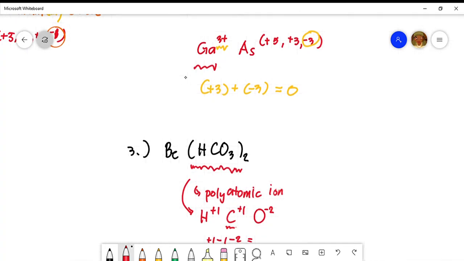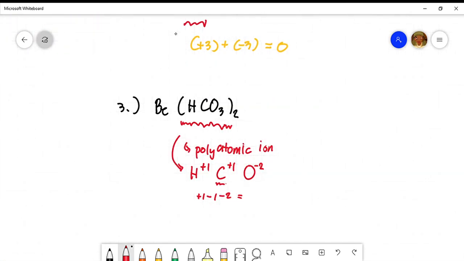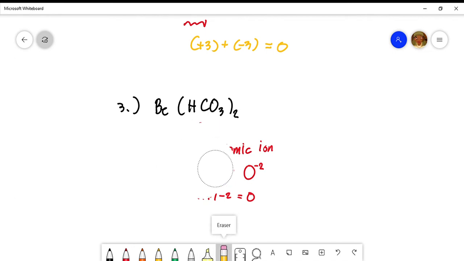So 1 plus 1 minus 2 is equal to 0. So this polyatomic ion here has a net charge of 0 and they are treated as a single unit. So let's get back to naming this type of ionic compounds.